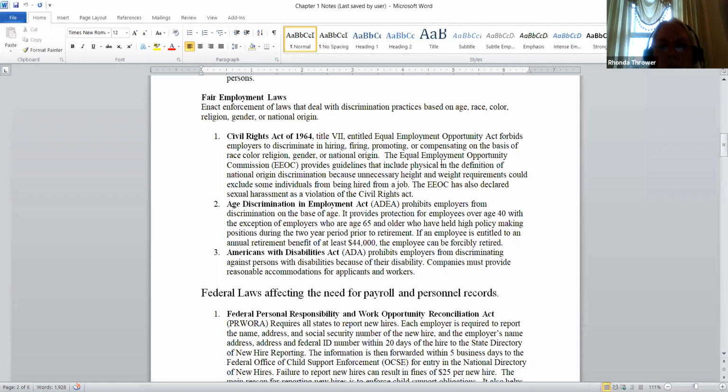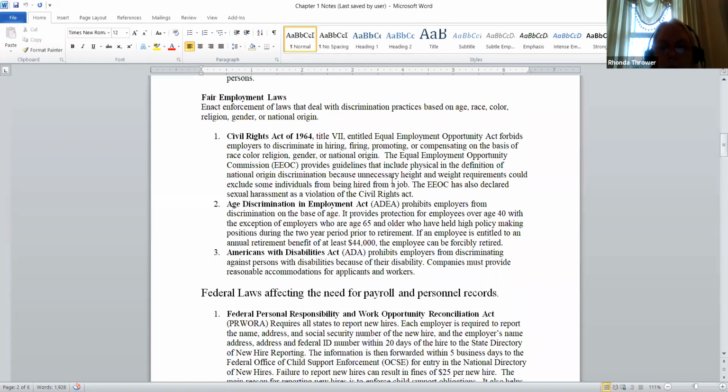The Equal Employment Opportunity Commission provides guidelines that include the physical definition of national origin discrimination, because unnecessary height and weight requirements for some jobs could exclude some individuals from being hired for a job.